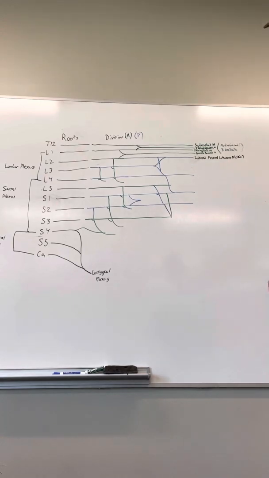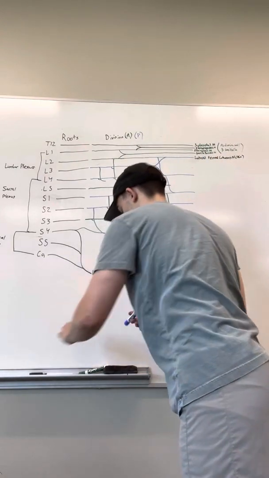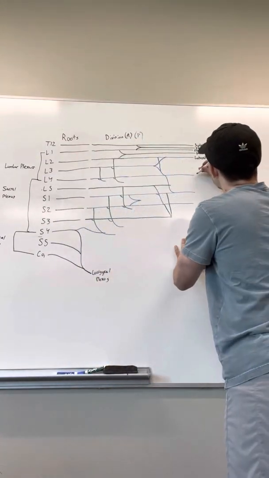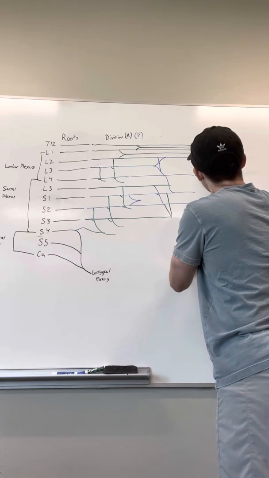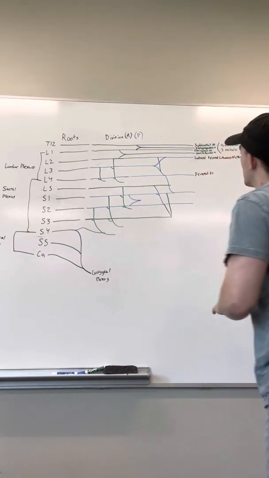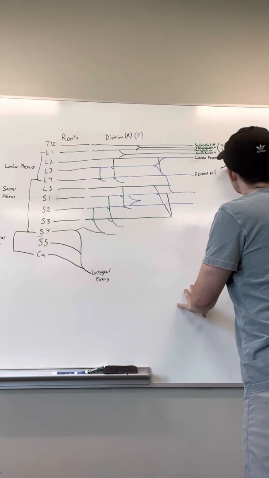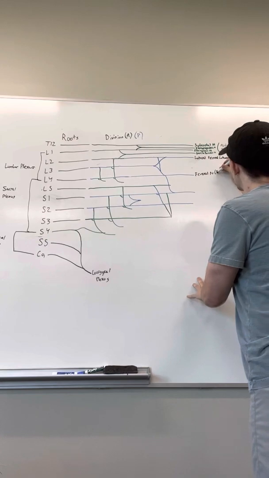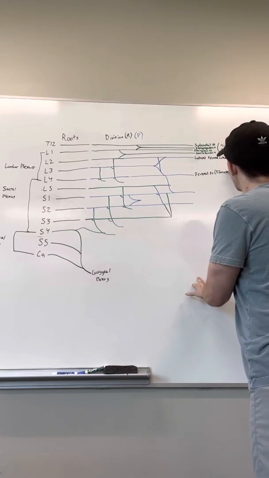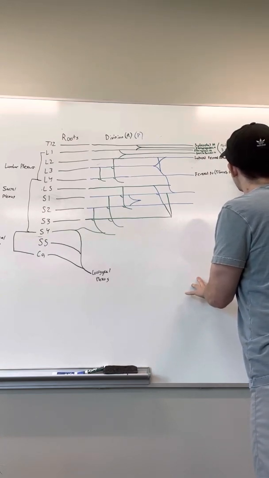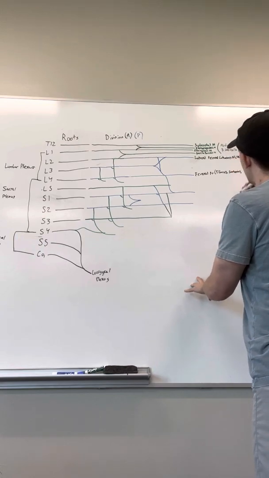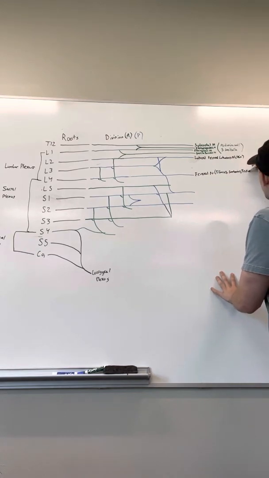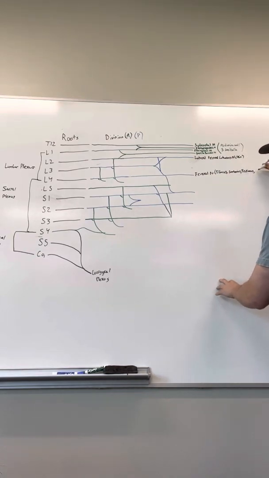Next we have the femoral nerve, which innervates the iliacus, sartorius, pectineus, and the quads.